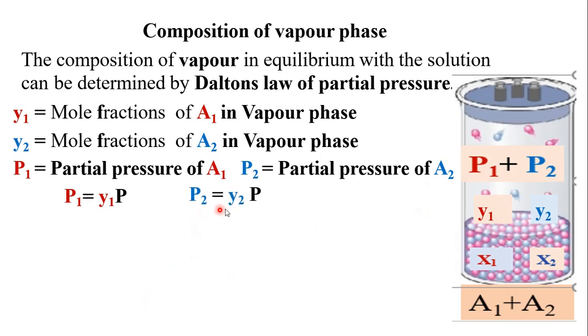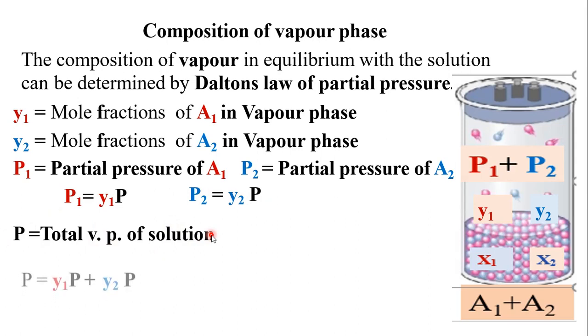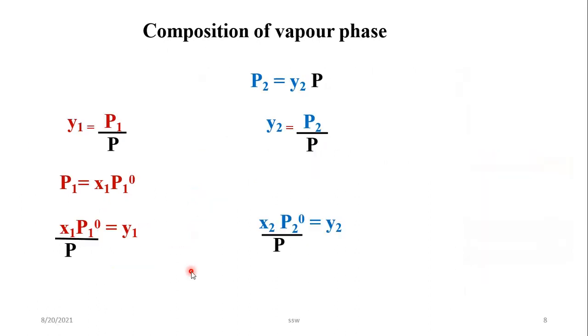And P2 is equal to Y2 into P. So here P means the total vapor pressure of the solution, and therefore, आपण ह्याच्या व्हॅल्यूज जर सबस्टिट्यूट केला तर P, the total vapor pressure of the solution, is equal to Y1 into P plus Y2 into P.